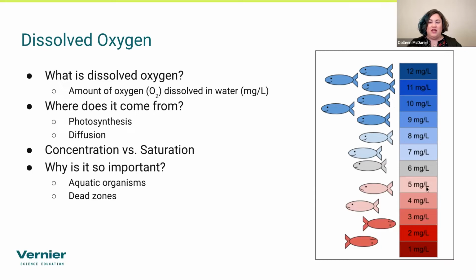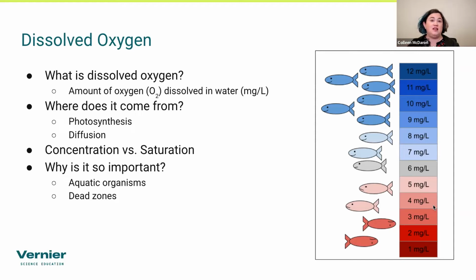Now, once we get down below 5, 4, 3, 2, 1 milligrams per liter, that's where we're going to start to encounter aquatic dead zones. And we're starting to see these become more and more common because of processes such as eutrophication and excess nutrient dumping that's happening at, say, the mouth of the Mississippi River.